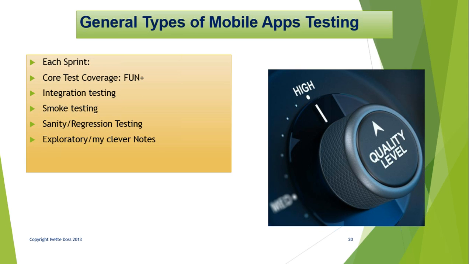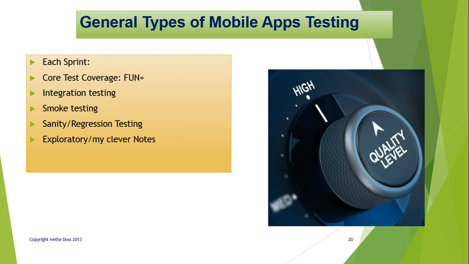Now, people get confused when we talk about the general types of mobile application testing and categories. It was covered already a couple of times. It's a very standard question: what will you do if you do not have time, do not have resources, and you have approximately 2 hours to check your application?